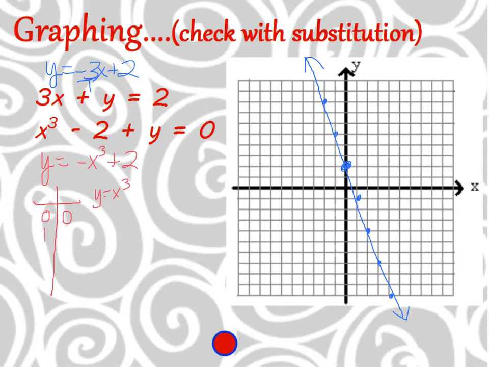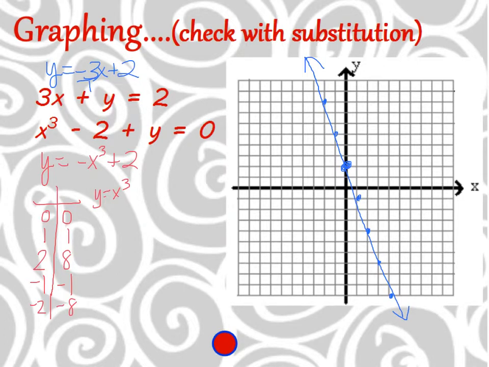If you plug 1 in for x, you get a 1 for y. 2 would get me an 8, and 3 I'm going to be way off of my graph at 27, so that's not going to work. But I might throw in a negative number. What if it's a negative 1? Well, negative 1 cubed is negative 1. A negative 2 cubed would get me a negative 8.